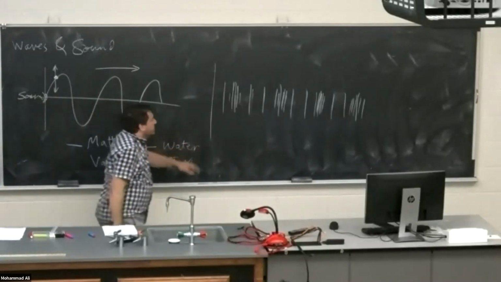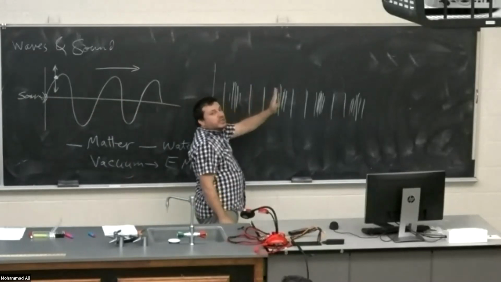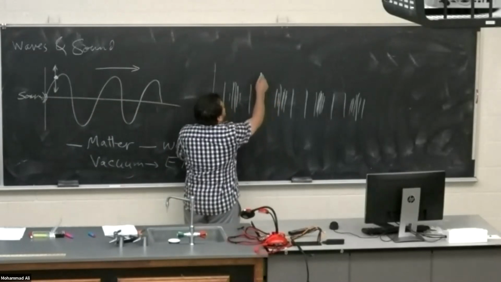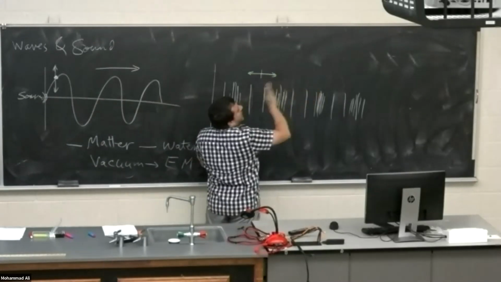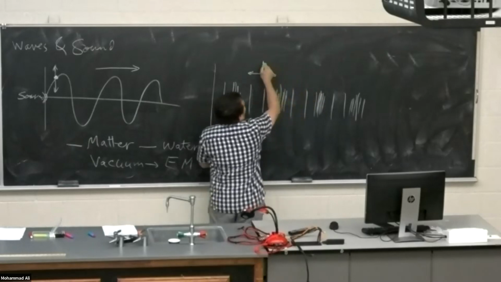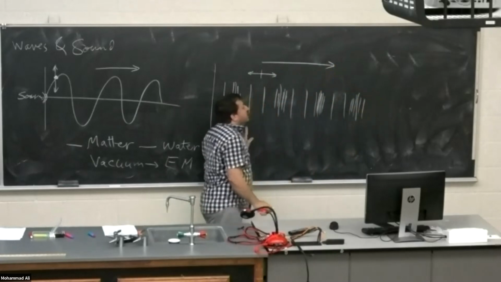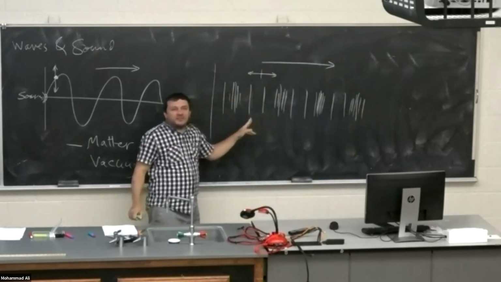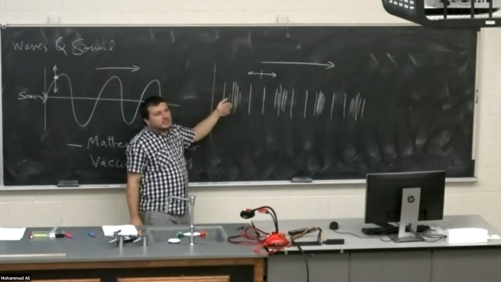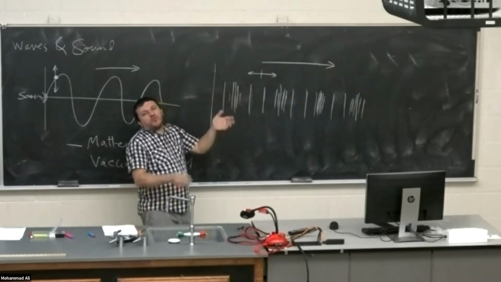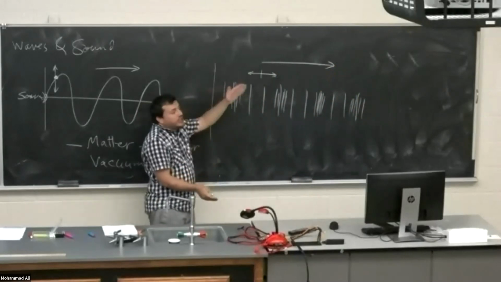For these waves, the particles of the vibrating material are vibrating forward and backward like this, and the propagation is in this direction. This is longitudinal waves, which is defined as the vibration of the medium being in the same direction as the propagation direction.